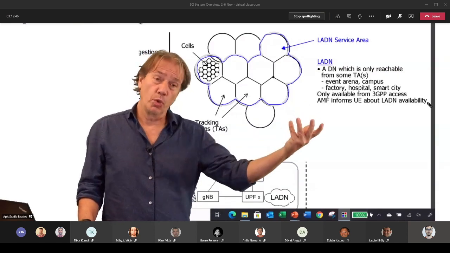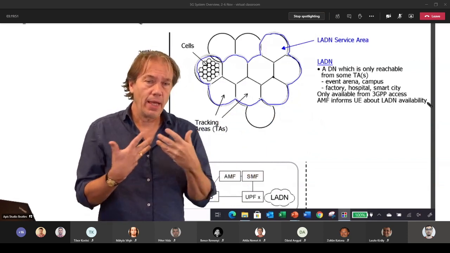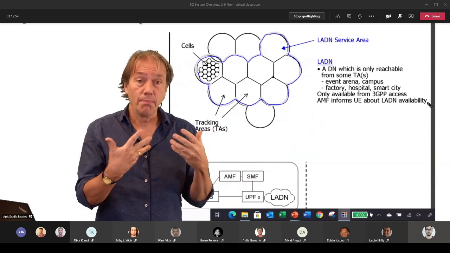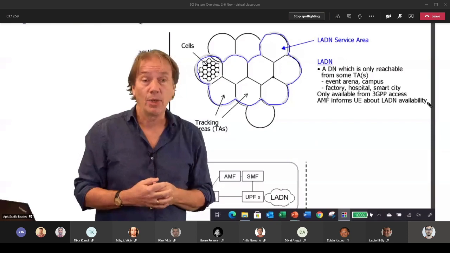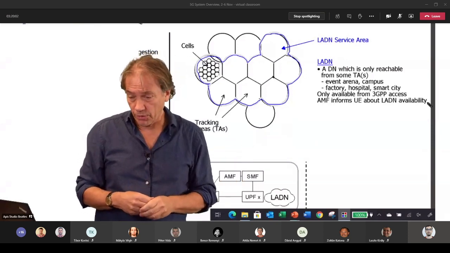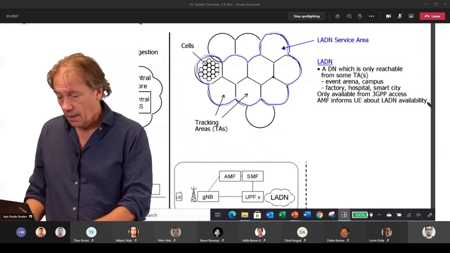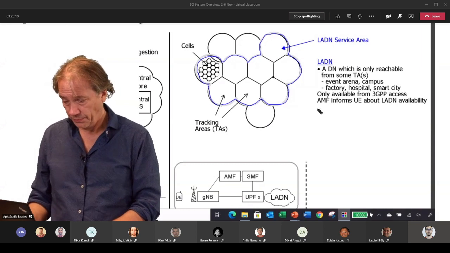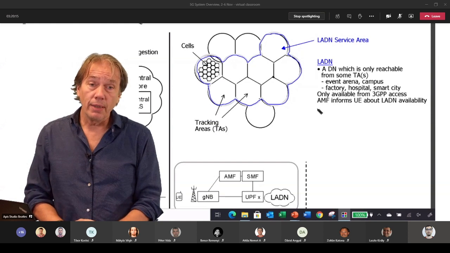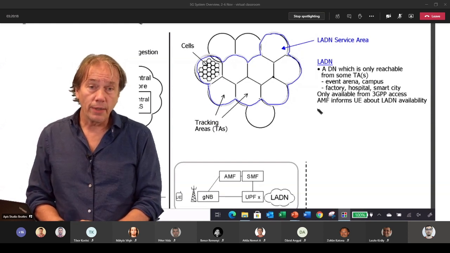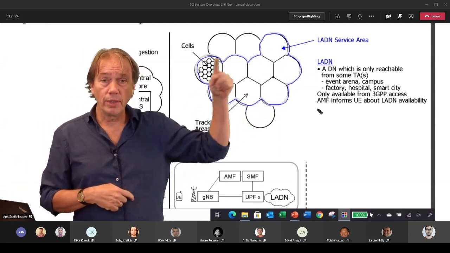I suppose the user equipment can ask. I don't think the AMF will by default just inform all the UEs about the local area data network. So I suppose it's a request response procedure. Yeah, there can be local area data networks which are open to anybody, provided that you are inside this area.